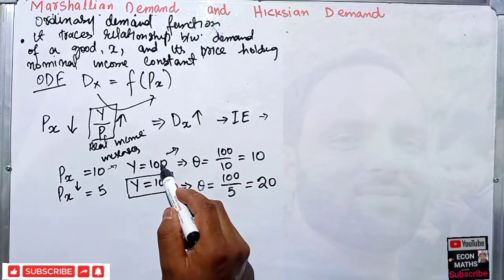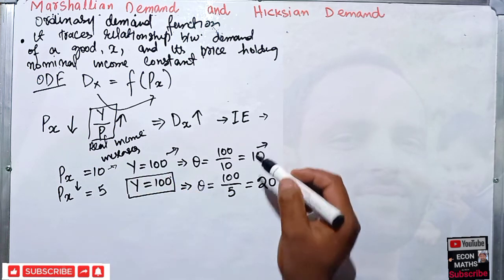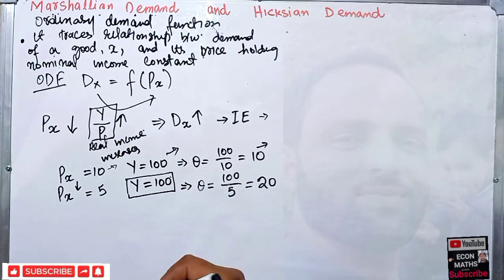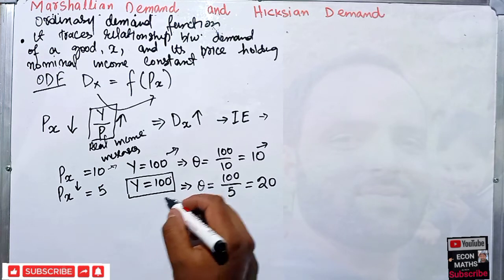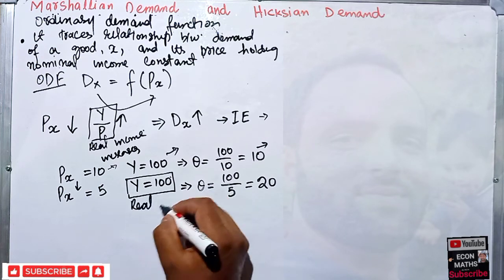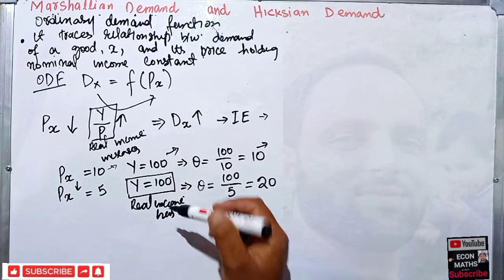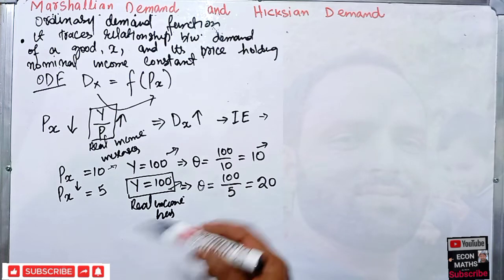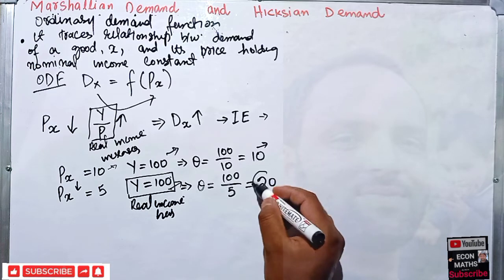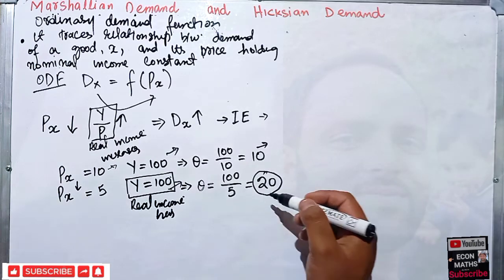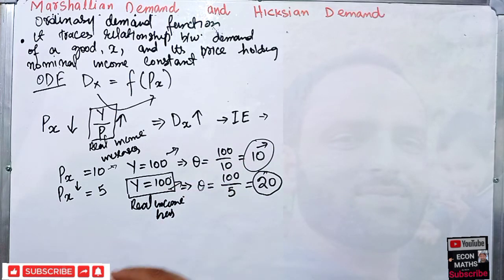With 100 as income and 10 as the price of good X, we can demand 10 units of good X. But if the price has decreased, real income has increased, because this same 100 rupees can now buy us 20 units compared to the 10 units previously demanded.